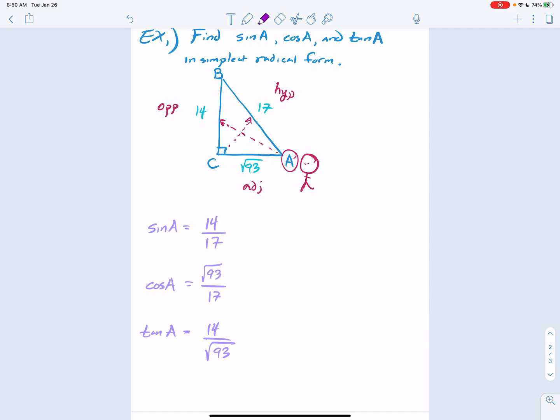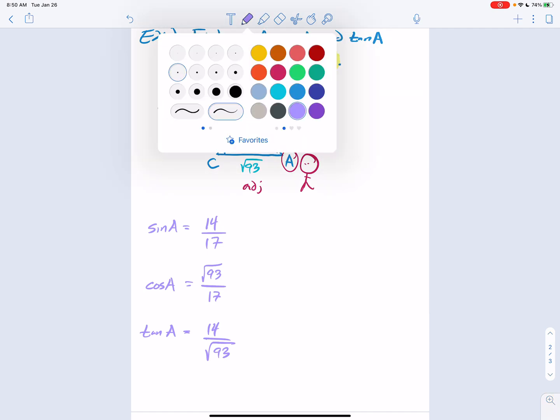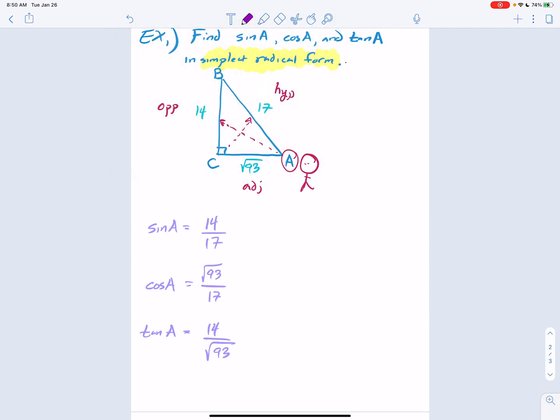Now, this notion of simplest radical form, okay? What that means, and you guys need to write this down, is that they want you to rationalize the denominator.